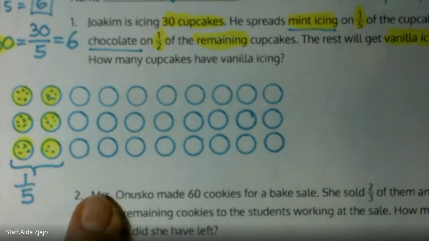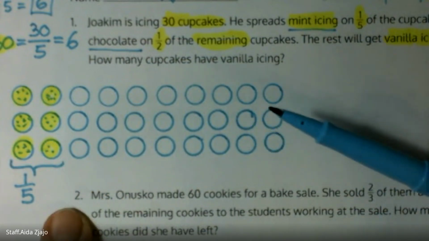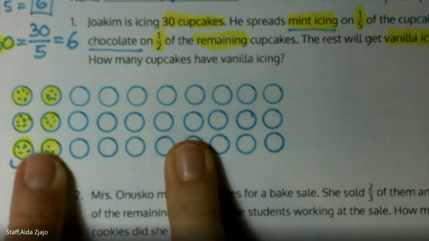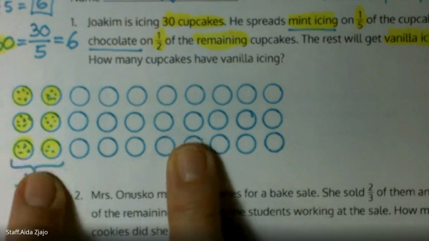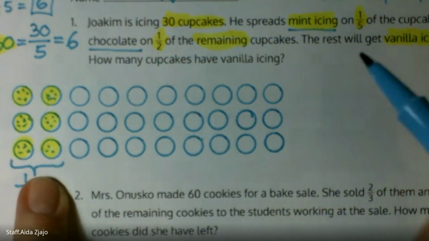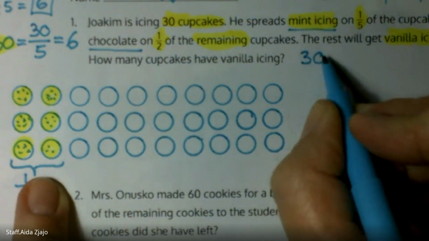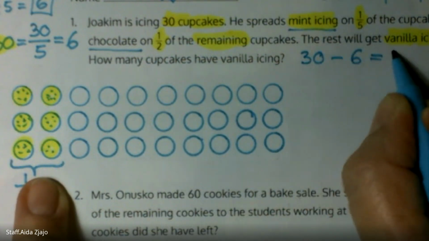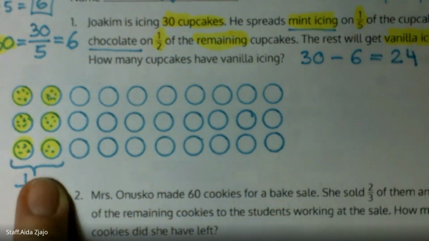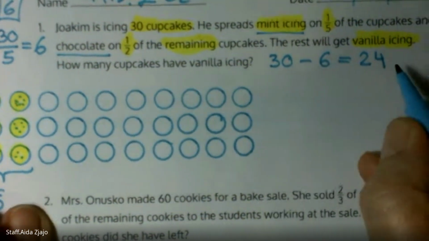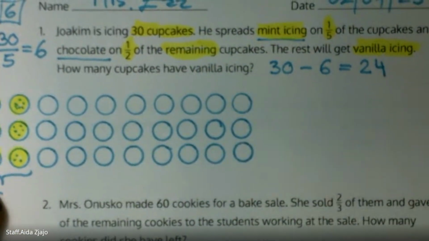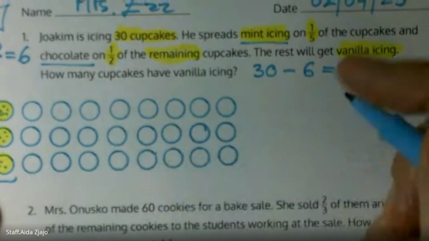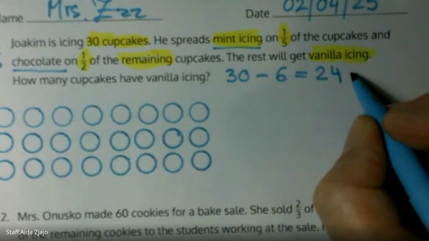We need to figure out how much is left. So we have 30 minus 6. What is 30 minus 6? 30 minus 6 equals 24. So the remaining is 24.